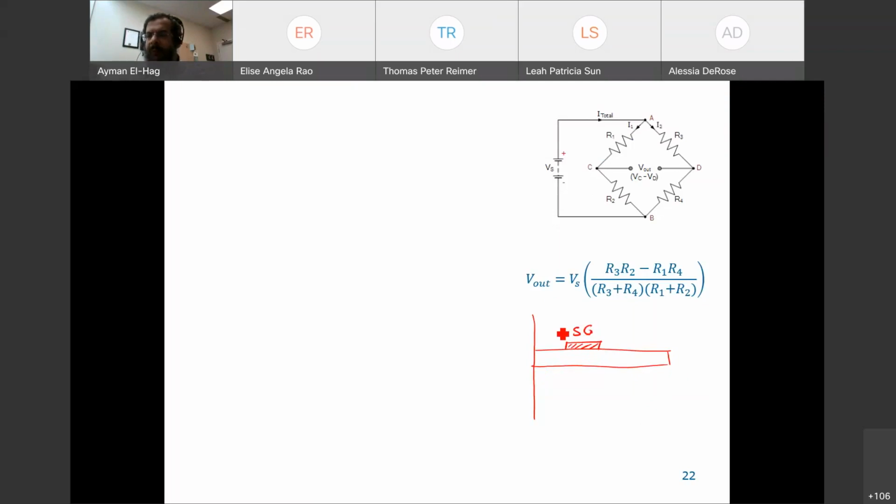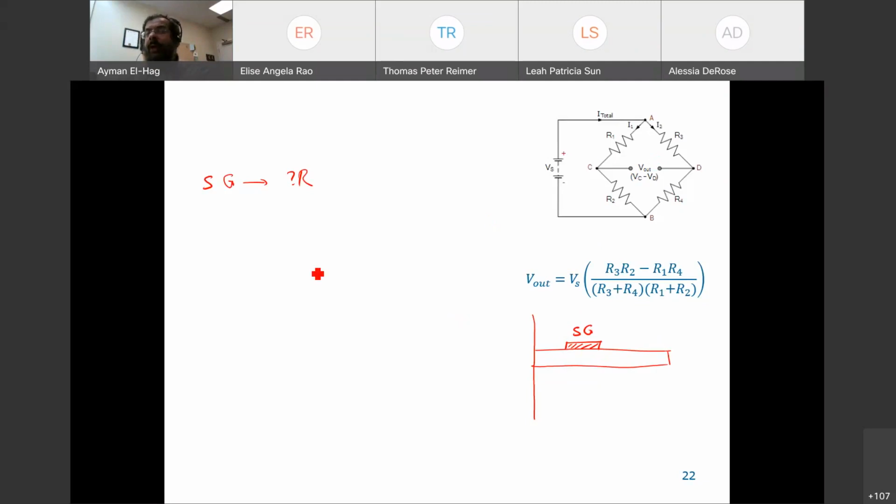So how I approach this problem, the most important thing, I have to know this strain gauge corresponds to which resistor. This is the first thing. So SG corresponds to which R? Okay, R1, R2, R3, or R4. Or maybe we have multiple of them.